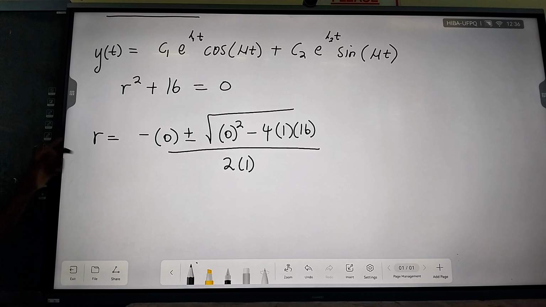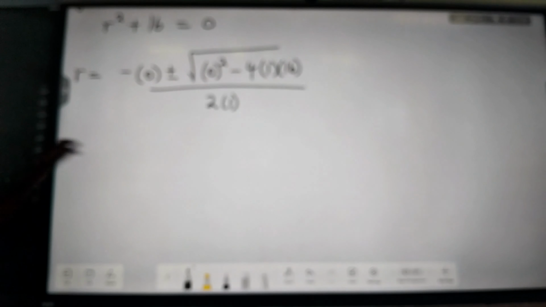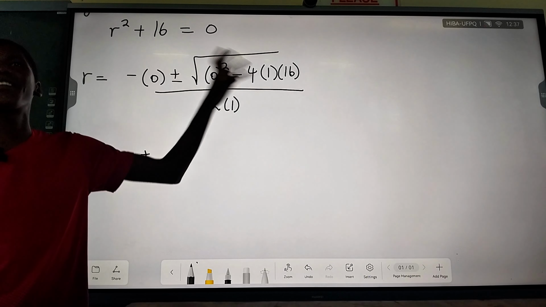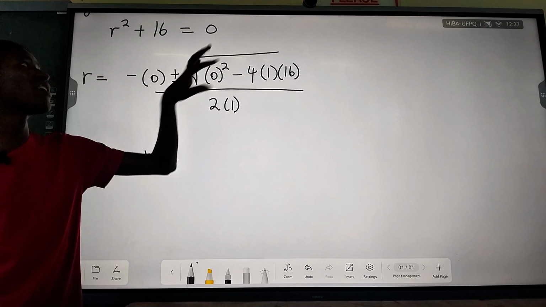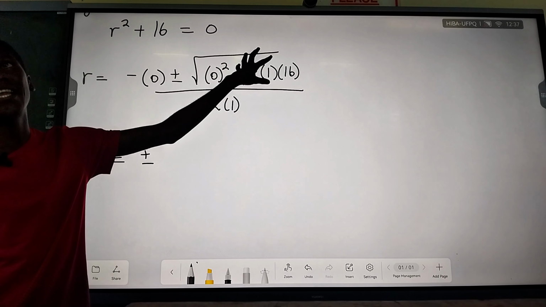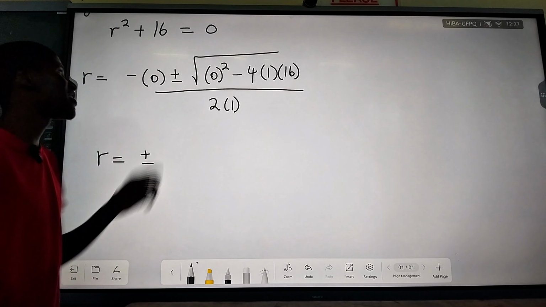Using the quadratic solution, you are trying to find r now. You find that r is equal to plus or minus. This square root will be undefined because the discriminant is less than 0. You cannot have a square root of a negative number. So this is the square root of negative 64 over 2. Now, how do you solve the square root of negative 64 using imaginary numbers?